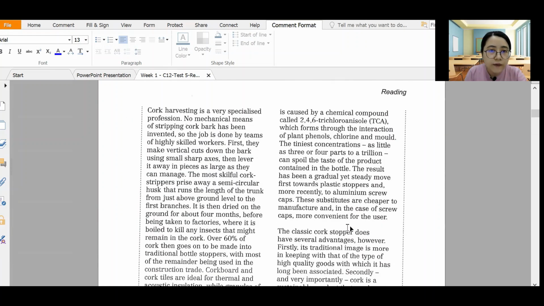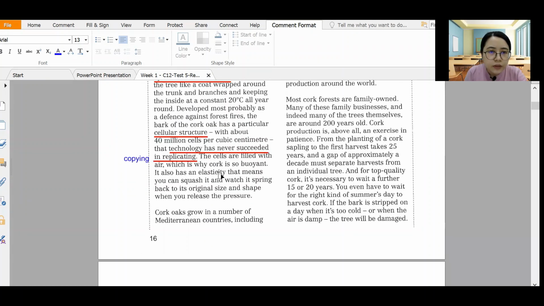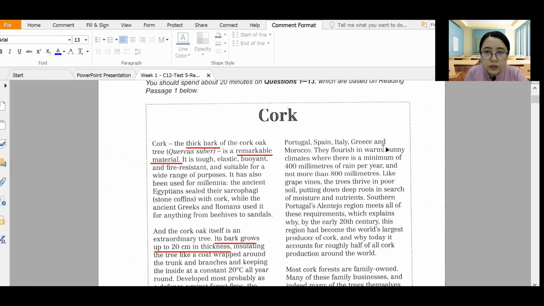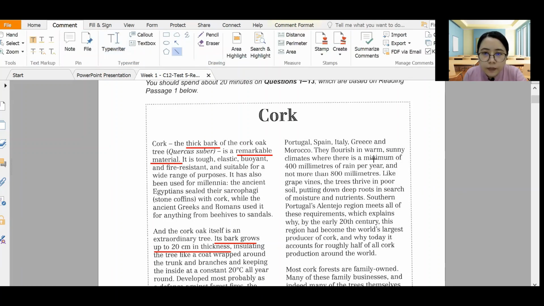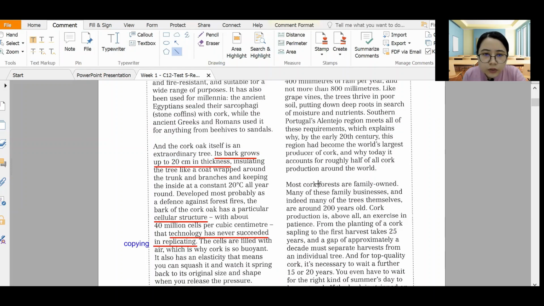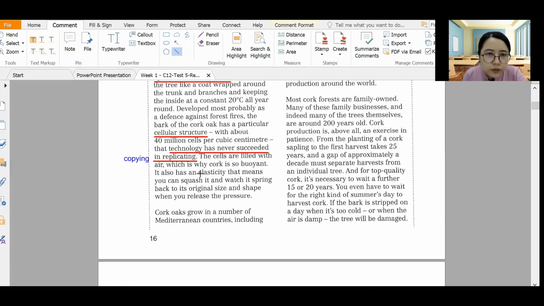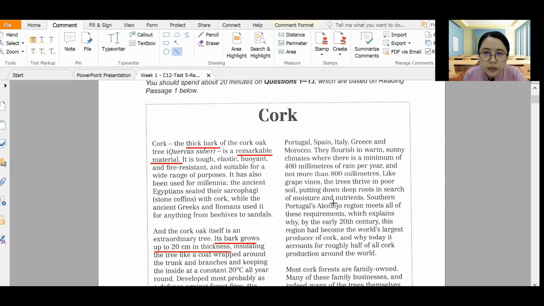Okay, first and second harvest. Let me see. Spring cork grows in a number of countries.